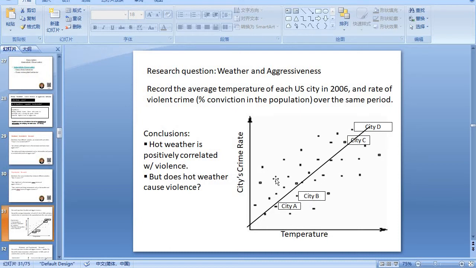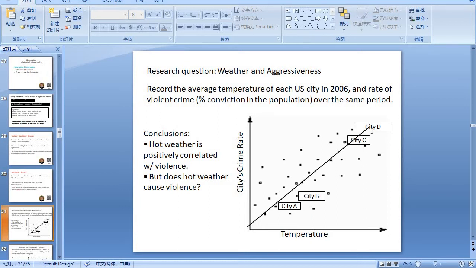Each dot represents a city. It gives you two values. Say City B is another example from the data points. City B is still lower in temperature, still cold in weather, and the number of crimes recorded is still pretty low.